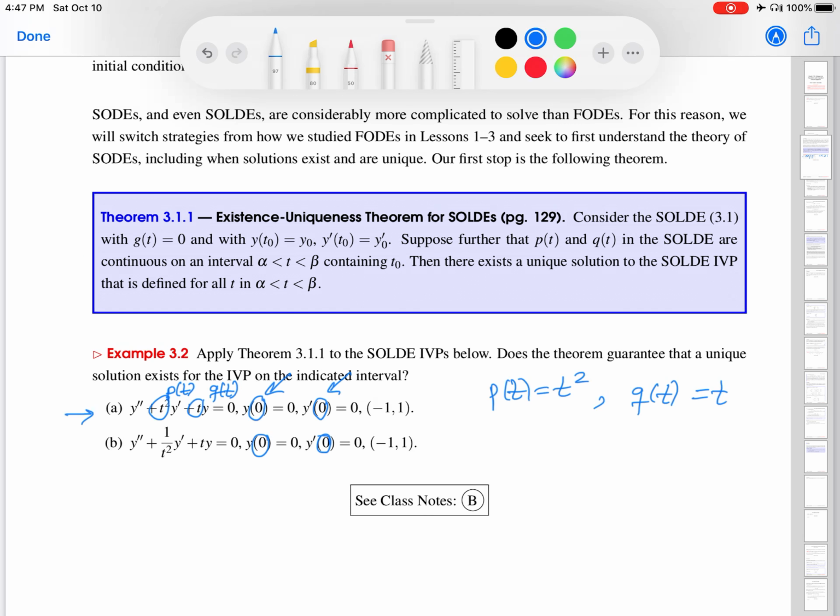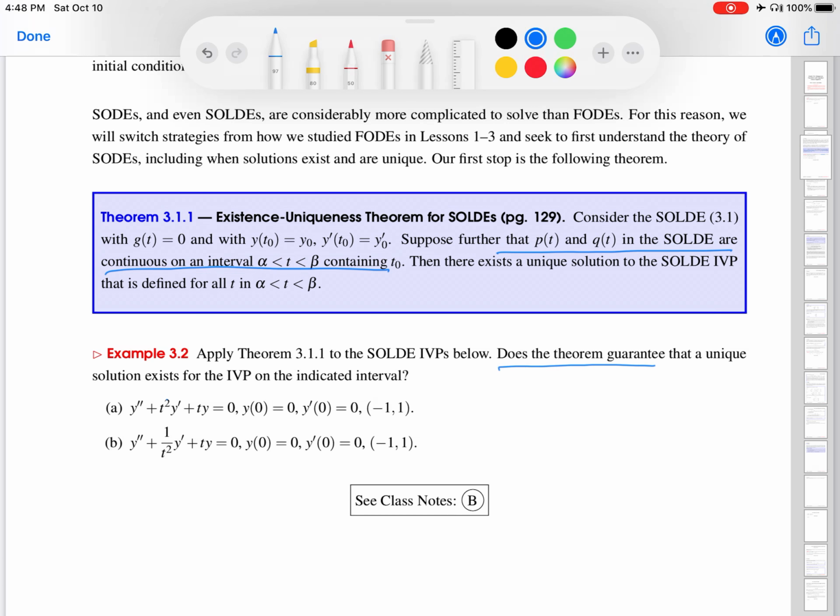So A satisfies this last condition that we are checking. Indeed, for A, the theorem is going to guarantee the existence of a unique solution. So does the theorem guarantee it for this one? Yes.